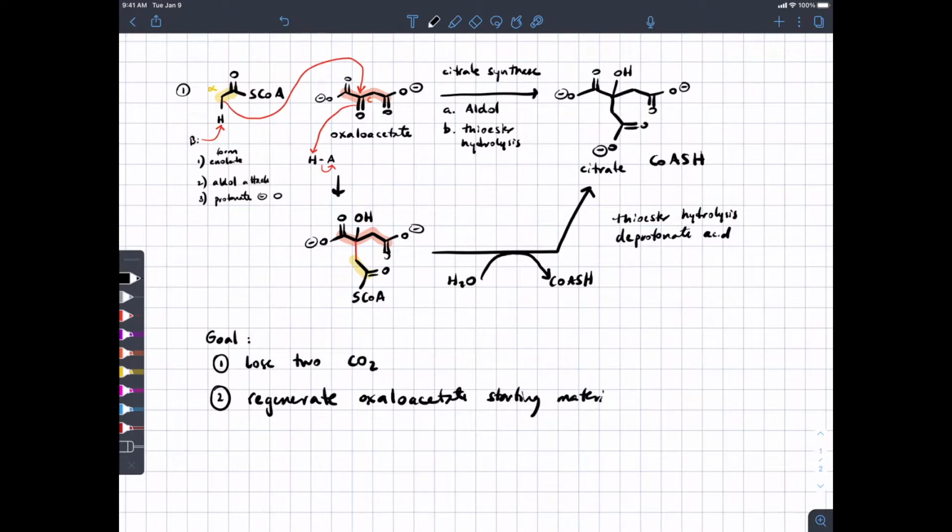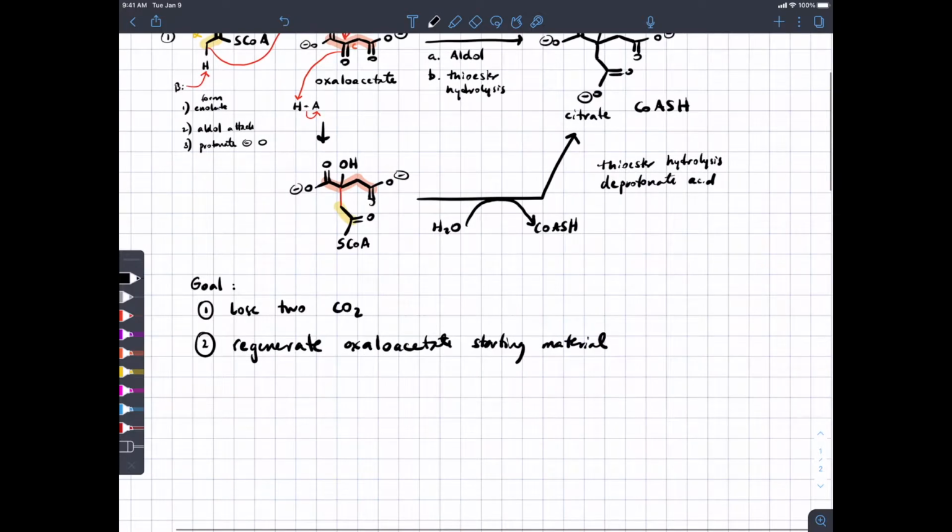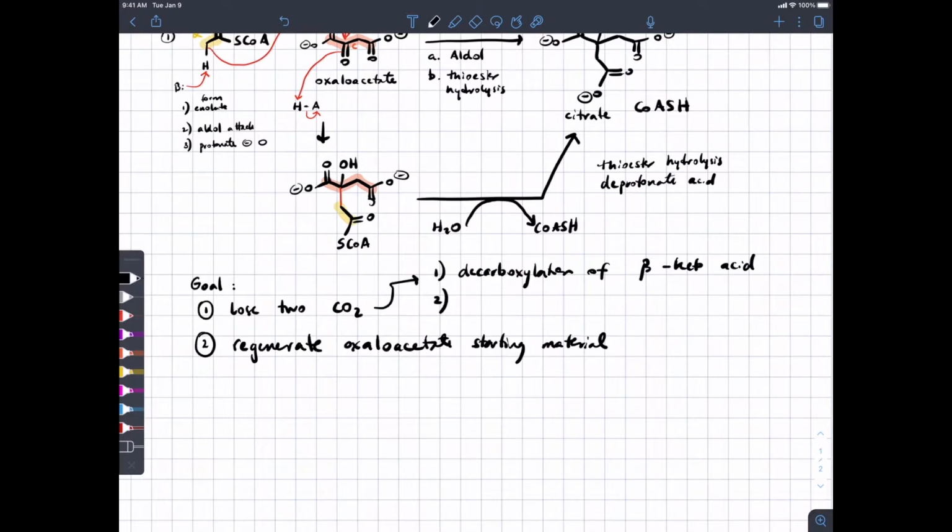And so our methods that we know for losing a CO2 molecule is decarboxylation of a beta keto acid, which we saw before in the malonic and acetoacetic ester synthesis.